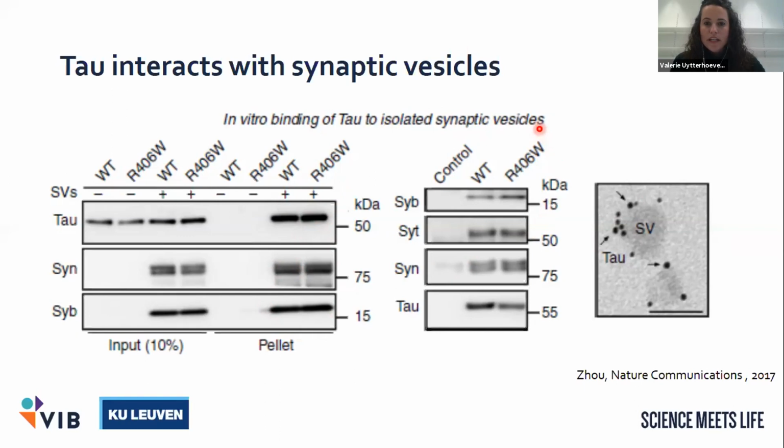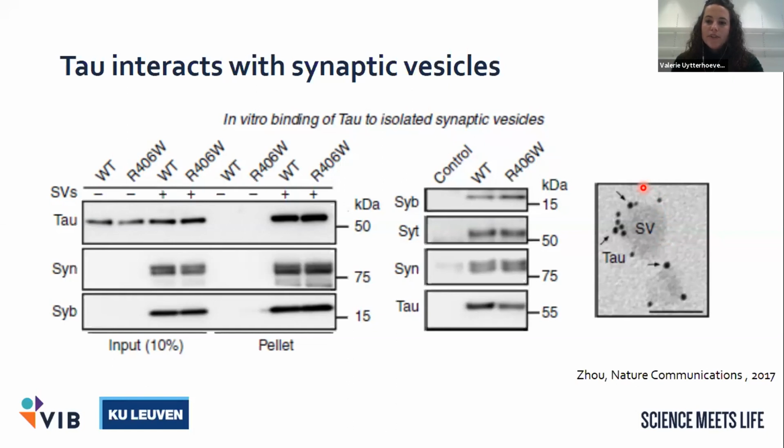Also with the co-immunoprecipitation assay, we see that tau co-immunoprecipitates with the purified synaptic vesicles in the assay. And here at ultrastructure level, the purified tau localizes very closely to the synaptic vesicles here in darker shade, so that tau is very close to these synaptic vesicles. So these experiments show that tau can interact with the synaptic vesicles.